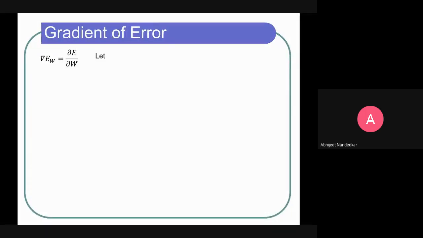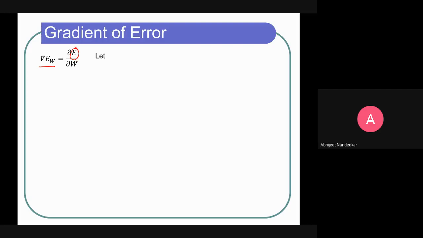Now note down this small derivation carefully. This is the key thing behind the popular neural networks. You take anything, it will land at the gradient of error. That means we are interested in the error.